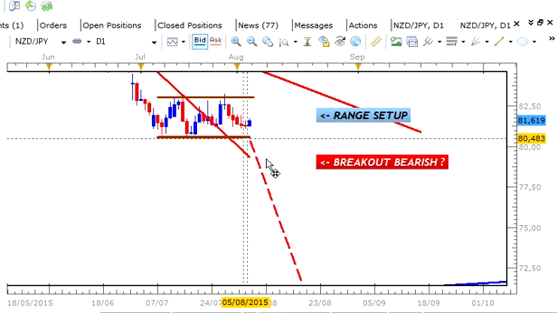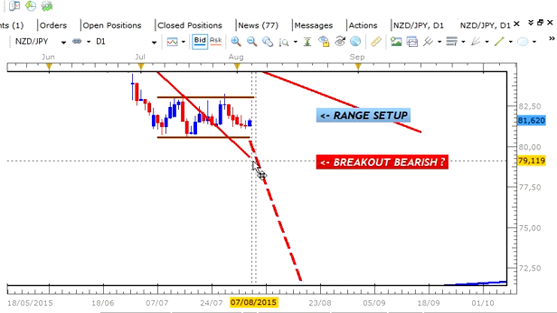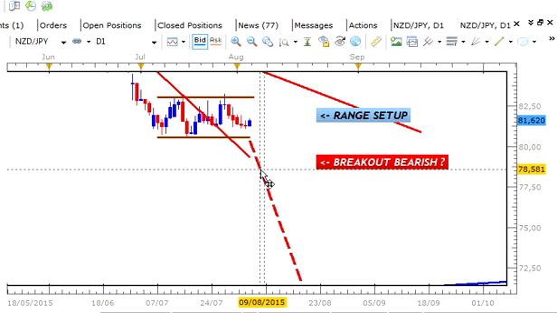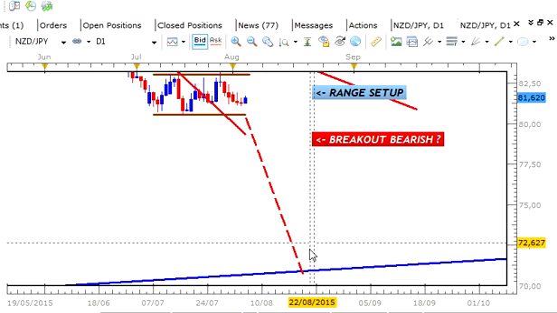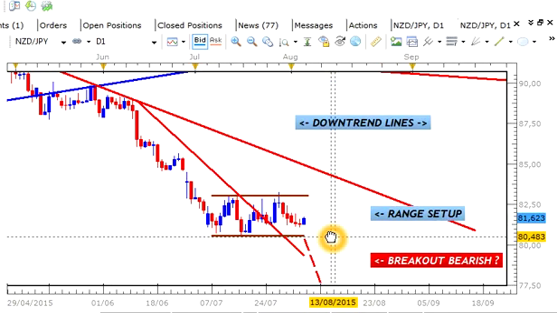So given the overall scenario of this pair, the more likely situation is a bearish breakout towards this area here, towards the outer uptrend line.